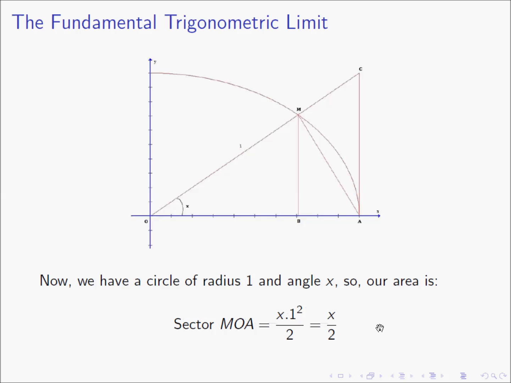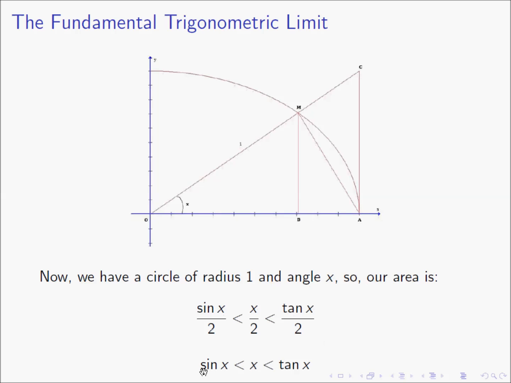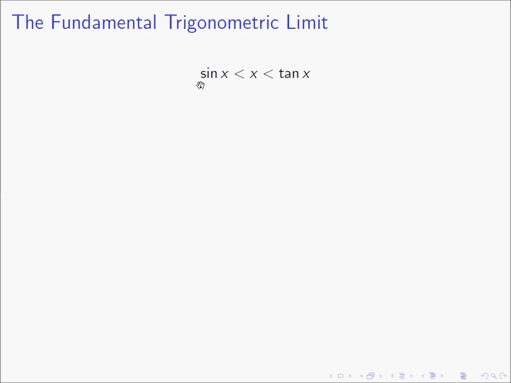That is x over 2. That's simple. We can replace that in this inequality, and we get this inequality. Now we can multiply everything by 2, and now we got it. We got our inequality between trigonometric functions and x, right?